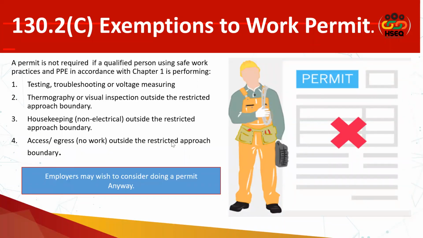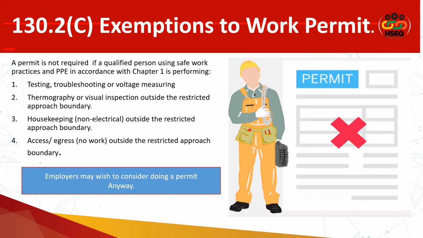70E has given exemption for these tasks, but these tasks themselves are very risky, and a number of incidents and accidents happen when the person is performing testing, troubleshooting, or voltage measuring.